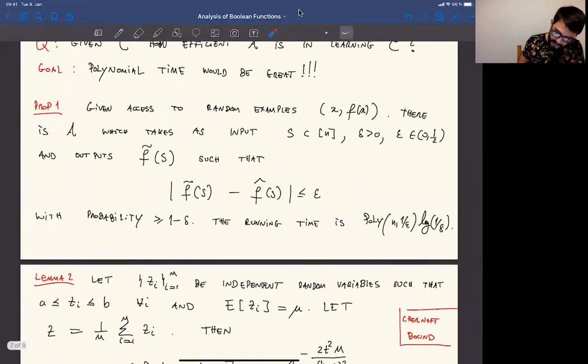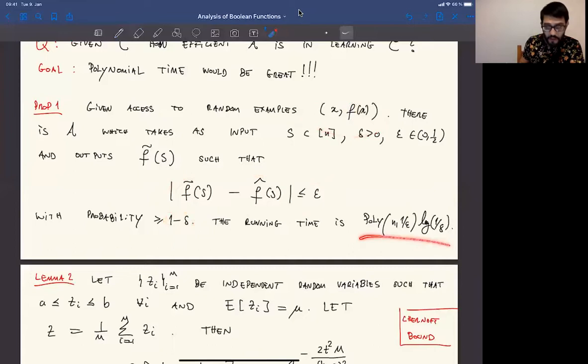So I'm given access to these random examples, and I'm saying just for a fixed function f, and I want to create an algorithm that can learn that function from random samples, and that gives me a good estimate for the Fourier coefficient that works with high probability, saying that for any delta small, I have probability 1 minus delta.